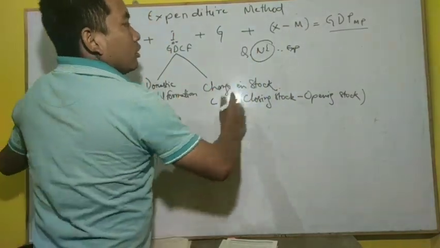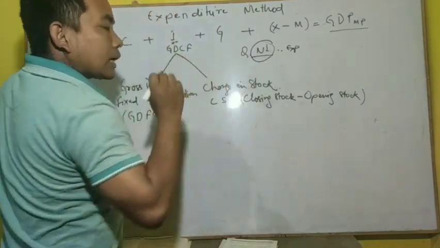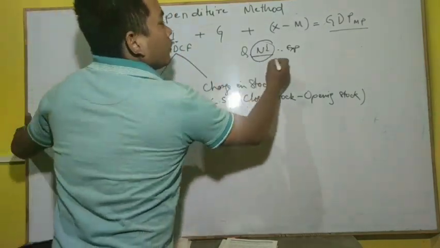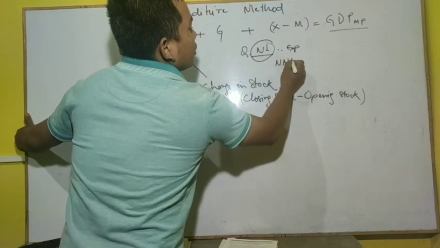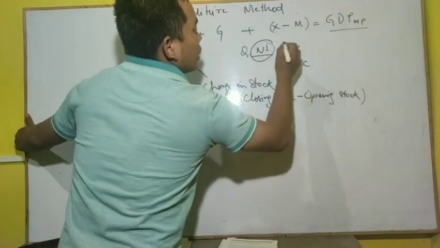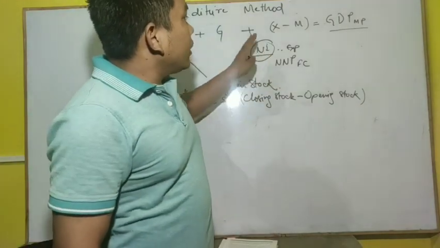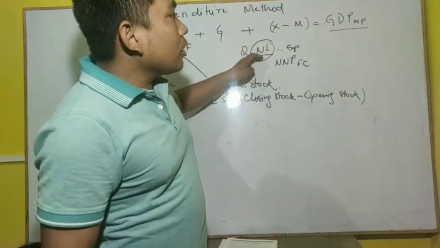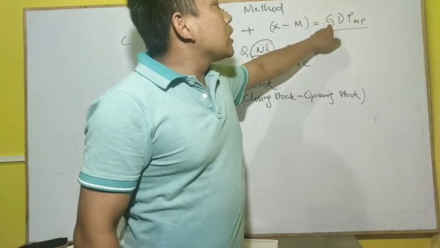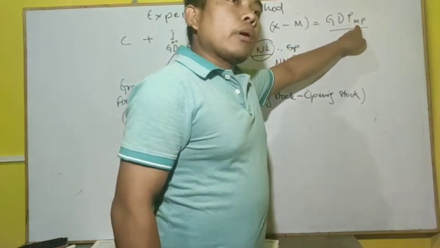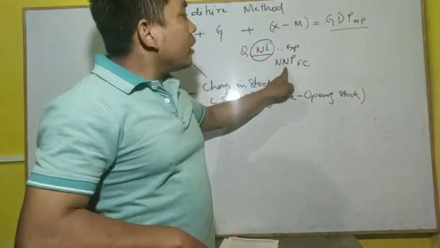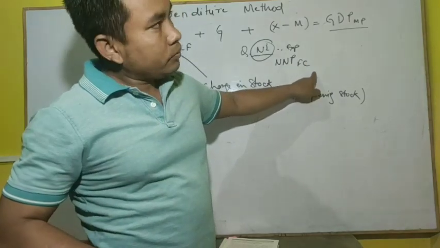But in examination, if they ask you to find the national income, then they are referring to net national product at factor cost, NNP-FC. That means you have to convert this gross domestic product at market price into net national product at factor cost.